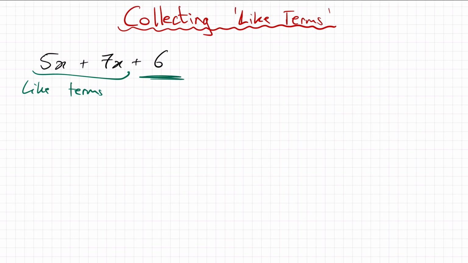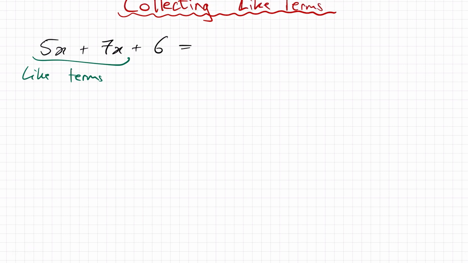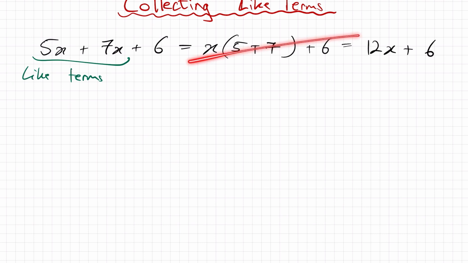So this isn't a multiple of x, so we can't really do anything with that. But if we want to collect them, the technical way of doing this is to factorize, because we'd use x and then we'd just collect them like so. And obviously that just simplifies to 12x plus 6. But most people won't do this step in between because it's unnecessary.